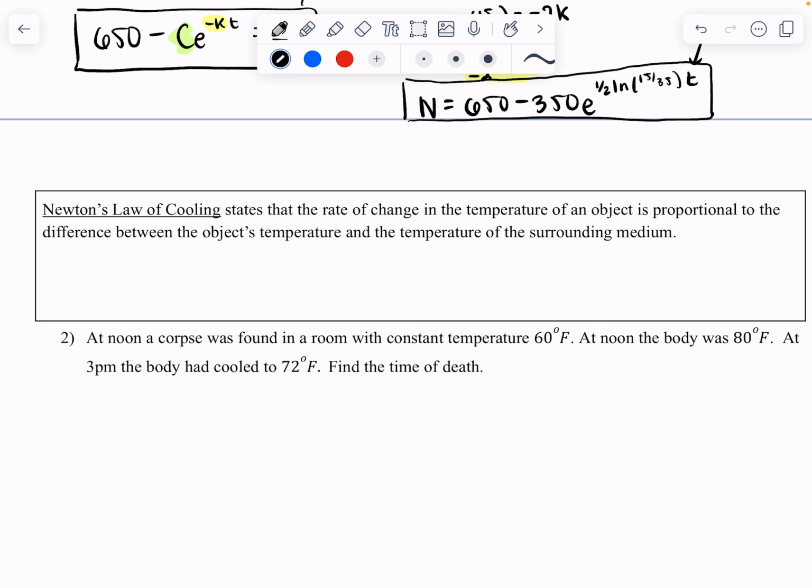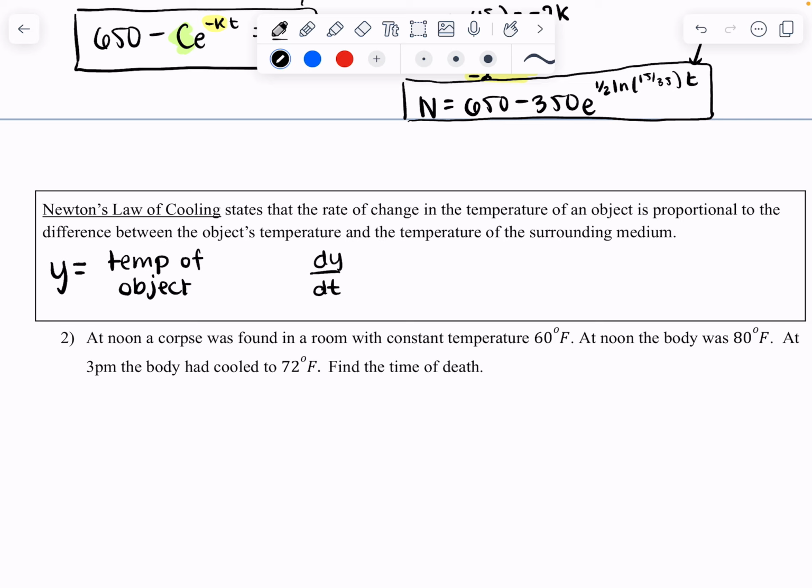So I'm going to try to write this out in a way that makes maybe the most sense. Let's let y equal the temperature of the object. So the rate of change in the temperature of the object, so that's going to be dy dt.